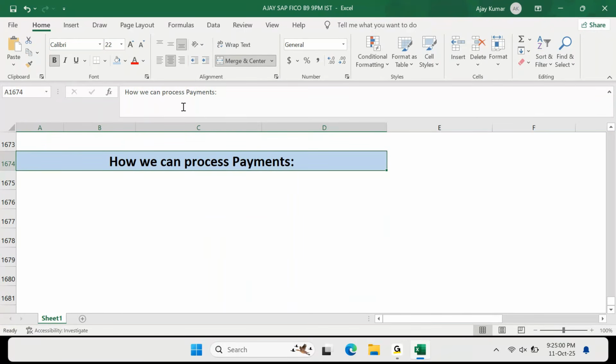Because as we understood, AP and AR are quite opposite, like a coin, right? If you are looking at AP, by default you are looking at AR also. If you reverse whatever you are looking at, it is your AR.